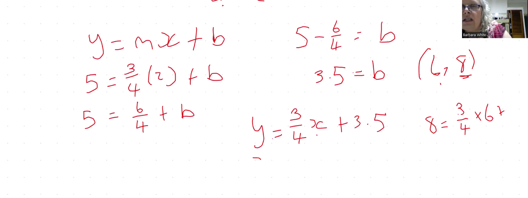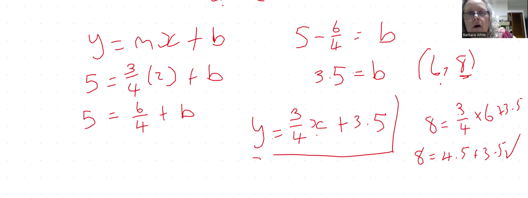Now, 3/4 of 6 is 4.5. I did that on my calculator, and I add 3.5, and I should get 8. So 4.5 plus 3.5. Yes, that sum's correct. So yes, we were right. This is the equation of the line.